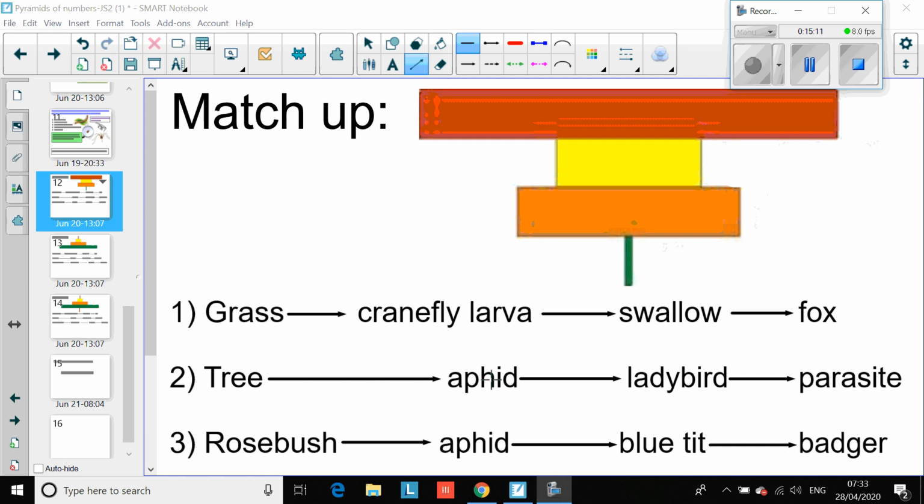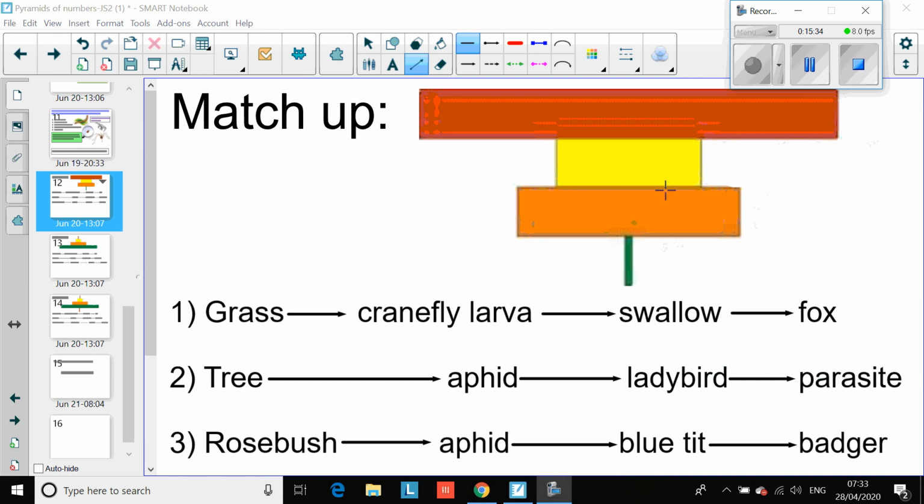Okay, aphids. Well, yes, aphids are like little green fly, and you can have thousands of them living on one tree. A ladybird, yeah, you can have hundreds of ladybirds feeding off thousands of aphids. So actually, yes, it's less. So actually, that would fit there. And parasites. Now, do ladybirds have parasites?